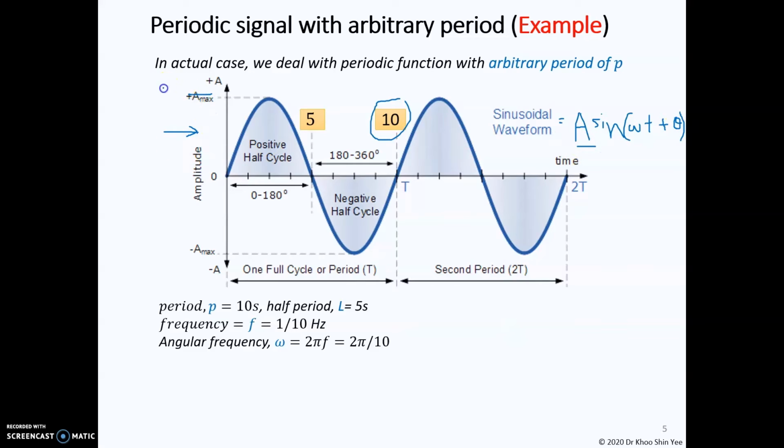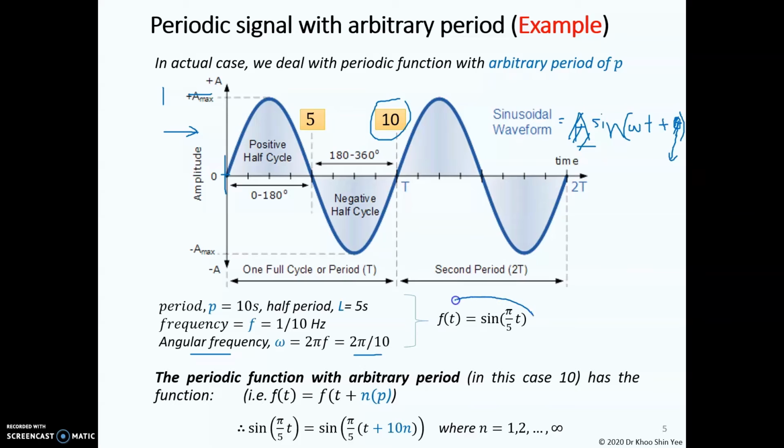Let's assume the amplitude to be 1 in this case. Omega is the angular frequency, which you compute to be pi over 5. Lastly is the phase. This is the initial phase at t equal to 0. At t equal to 0 here, your phase is 0 degrees. Therefore, you can substitute 0 inside. After you compute this, you obtain the function to be sine(pi over 5 t).